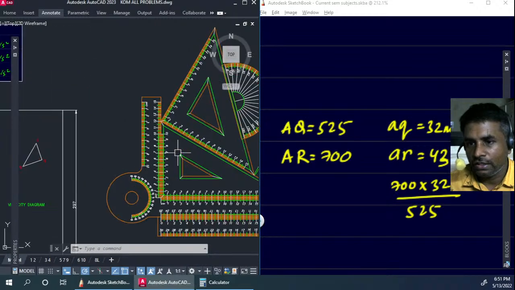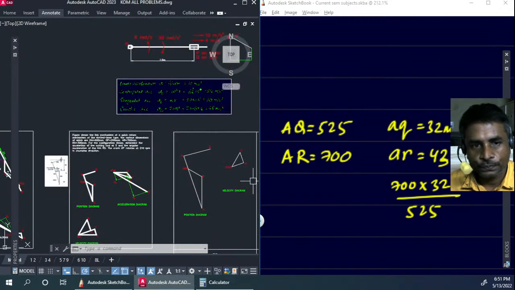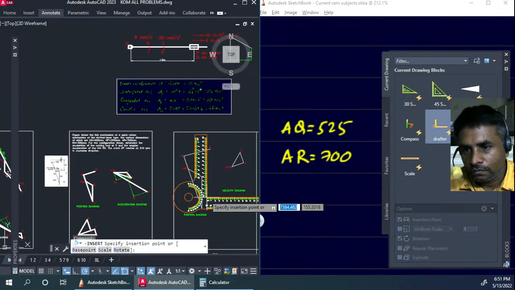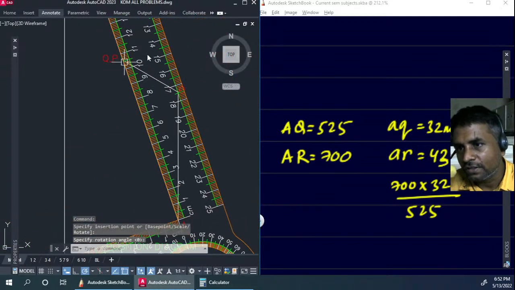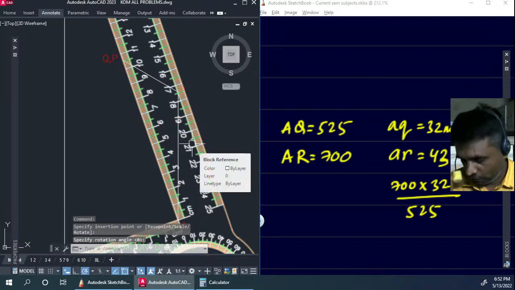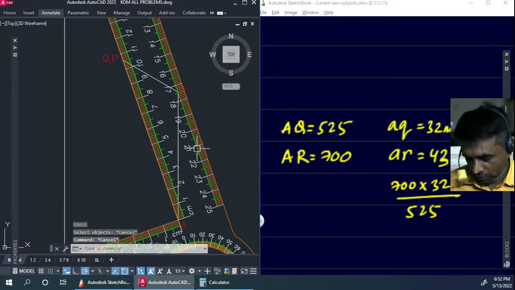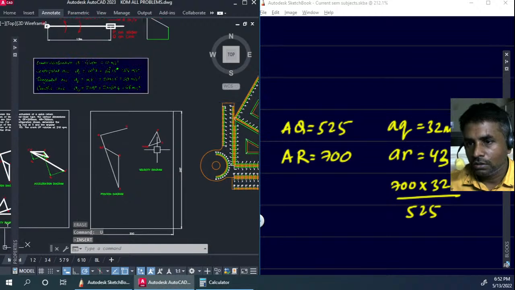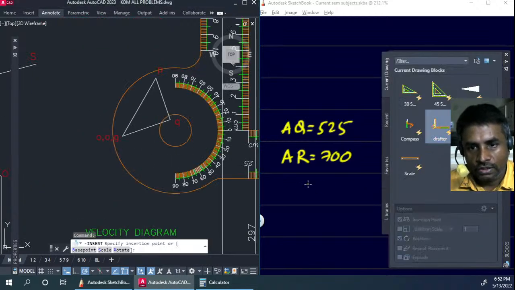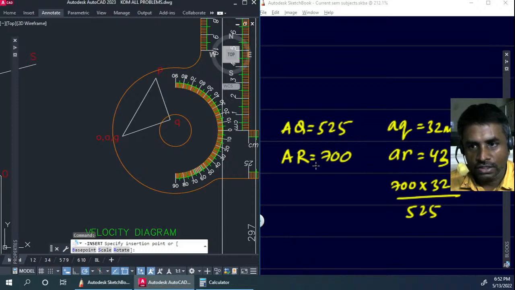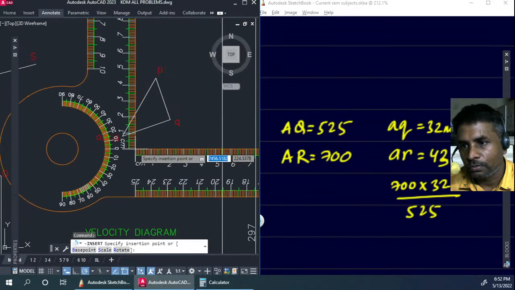So I'll have to again take the drafter. I'll have to keep it in this direction, not in that direction. So I'll have to extend AQ.